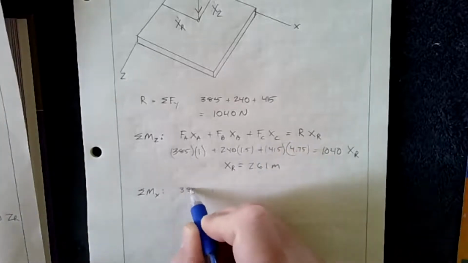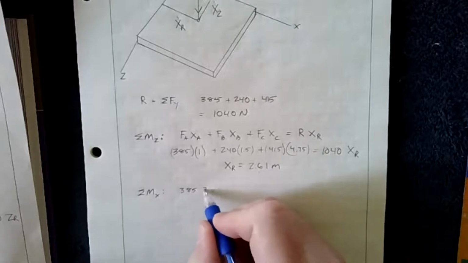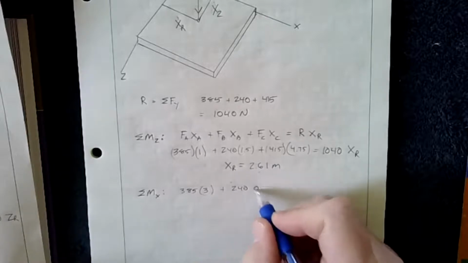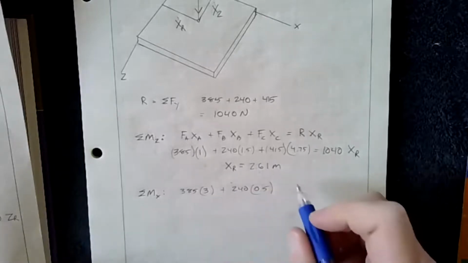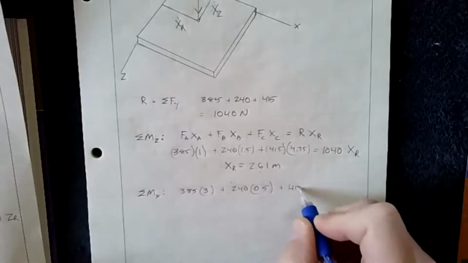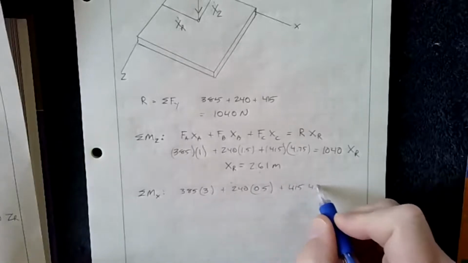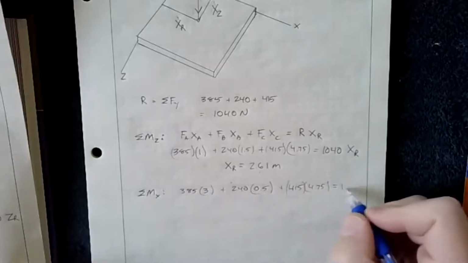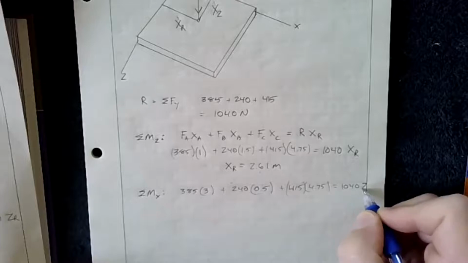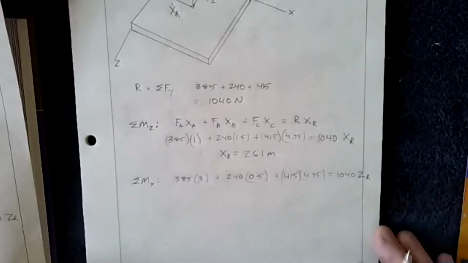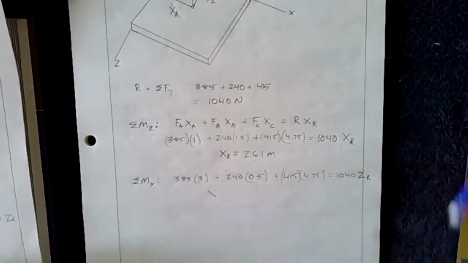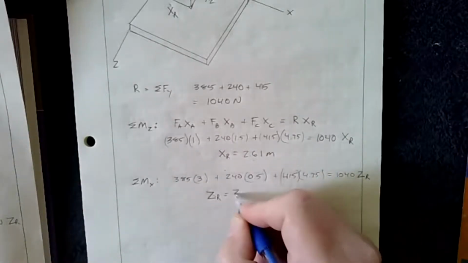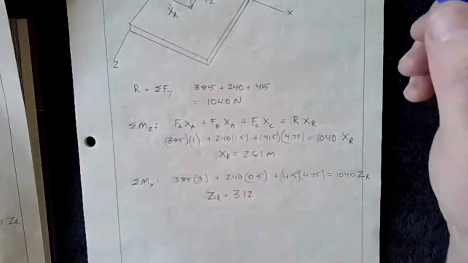So in this case, I'm just going to write 385 newtons times 3 plus 240 times 0.5 meters and 415 newtons times 4.75 meters. All that equals 1040 times ZR. Solve for ZR, and we have 3.12.